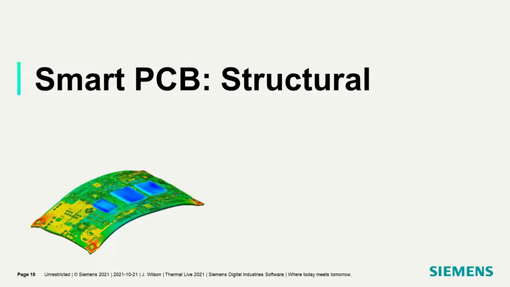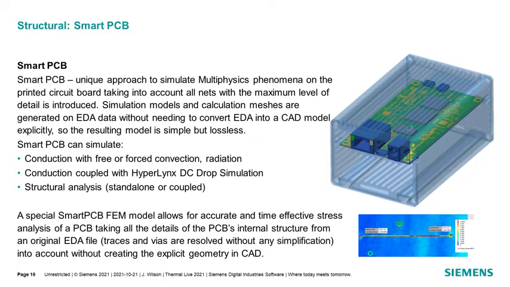The last topic I'd like to discuss is the thermomechanical stress, or more generally, just structural analysis with the smart PCB. First, let's discuss the smart PCB. So the smart PCB is a material map whose functionality has been extended. We've looked at how the material map can be used for thermal analysis, conduction in any kind of environment, how it can be coupled with HyperLynx DC drop simulation.